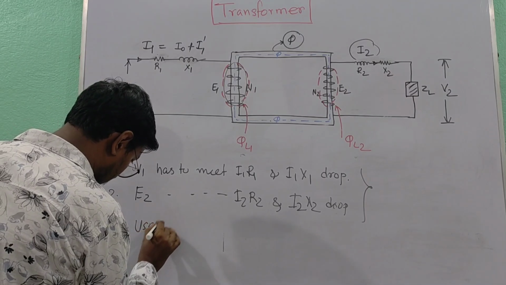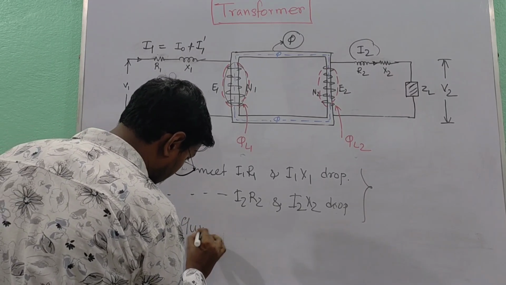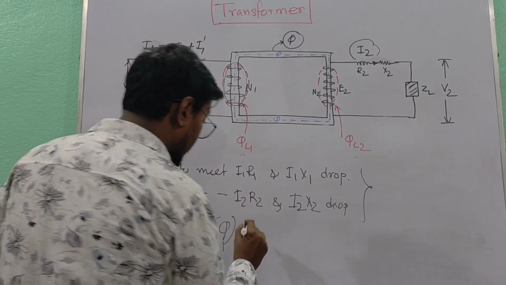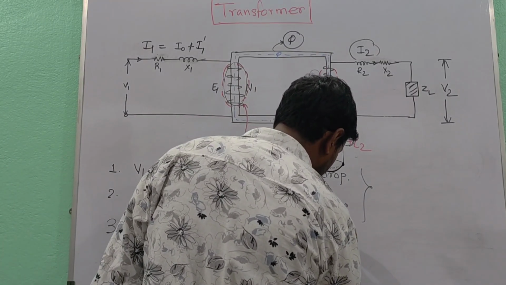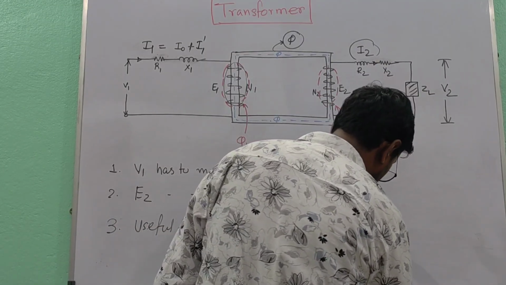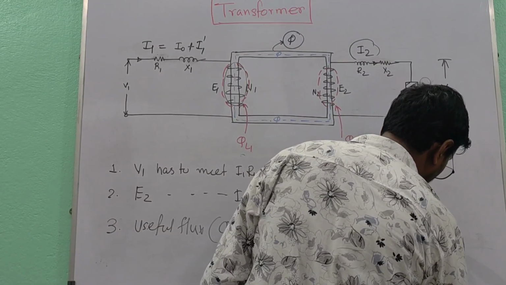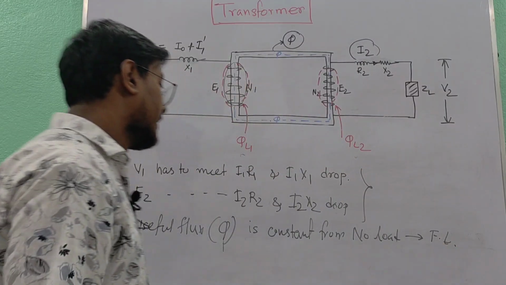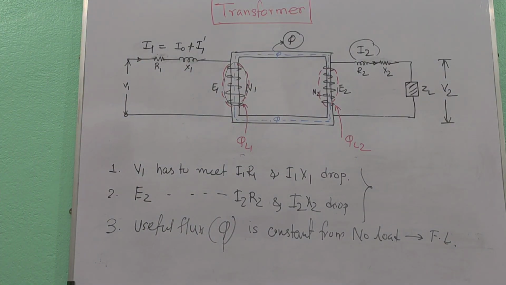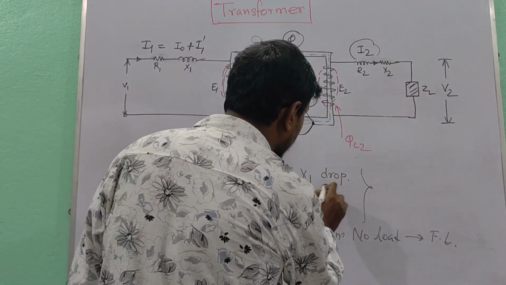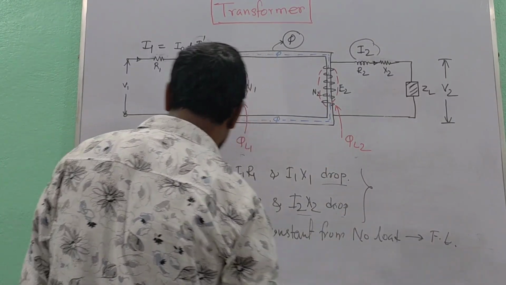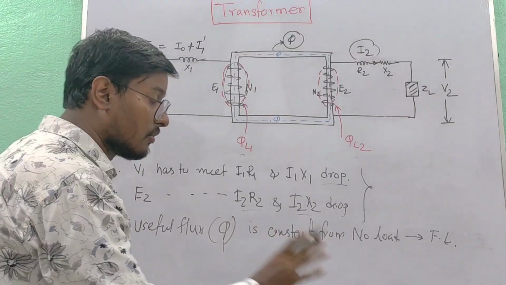Number three, useful flux phi is constant from no load to full load. So these are the conclusions we have drawn: V1 has to meet I1 R1 and I1 X1 drop, E2 has to meet I2 R2 and I2 X2 drop, and useful flux phi remains constant from no load to full load.